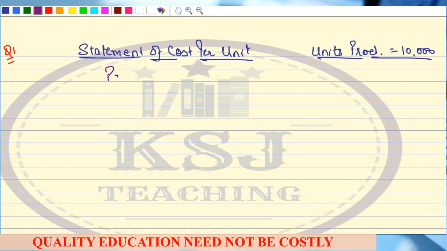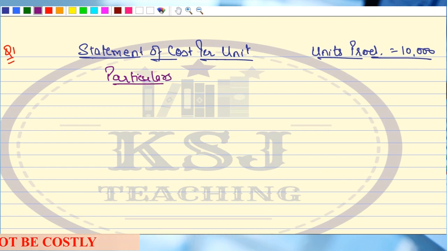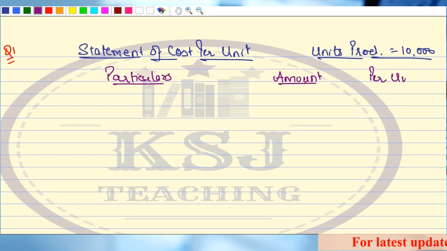Now in case of unit costing, there will be 3 columns: particulars, amount, and then per unit, that is cost per unit.